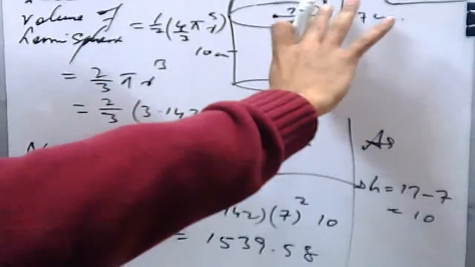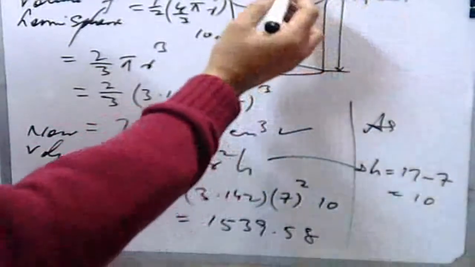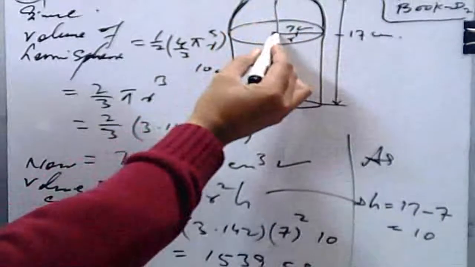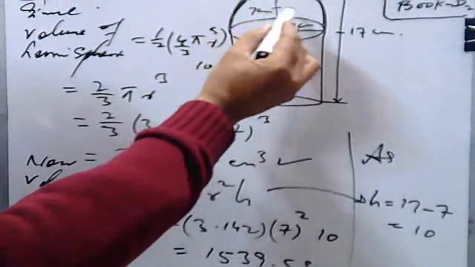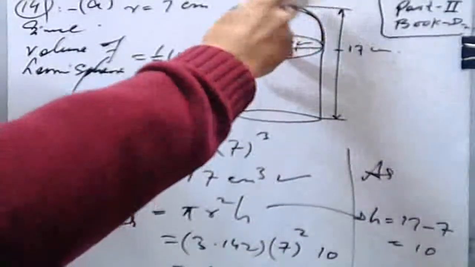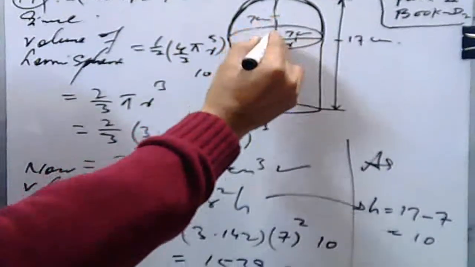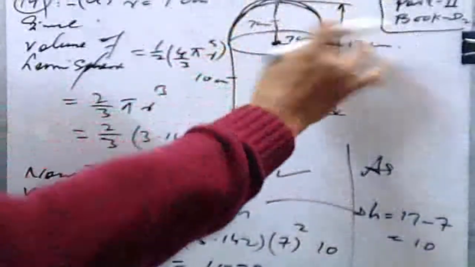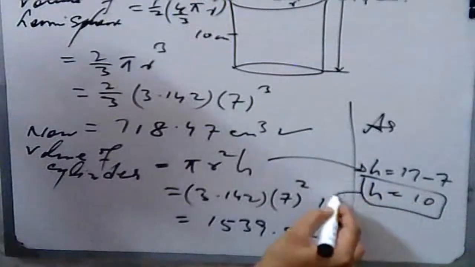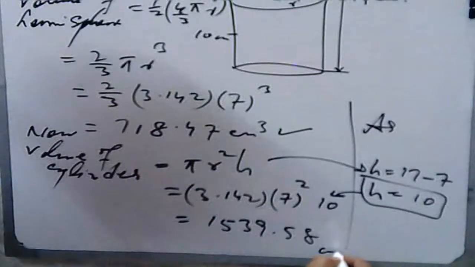I have to subtract the hemisphere's height, which is also 7 centimeter, because it is a circle, and in a circle the radius has the same value. So 17 minus 7 is 10. So height is 10, that's why I have used 10 here. That is centimeter cube, the volume of a cylinder.